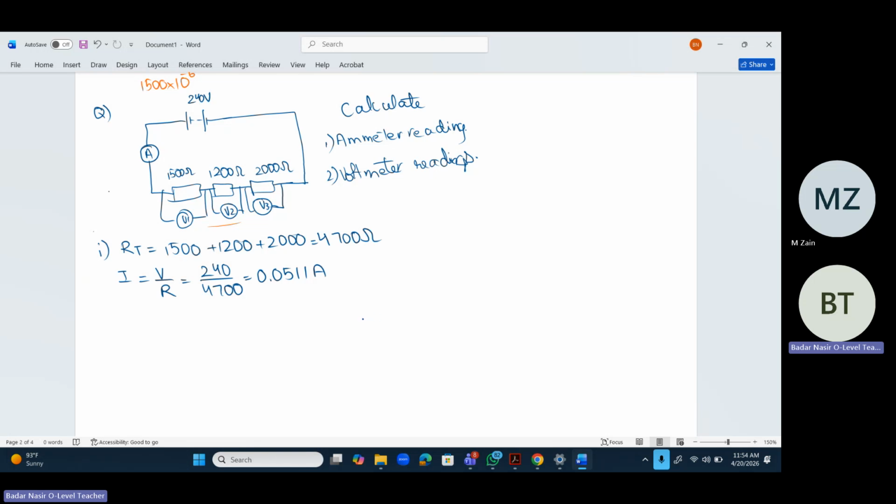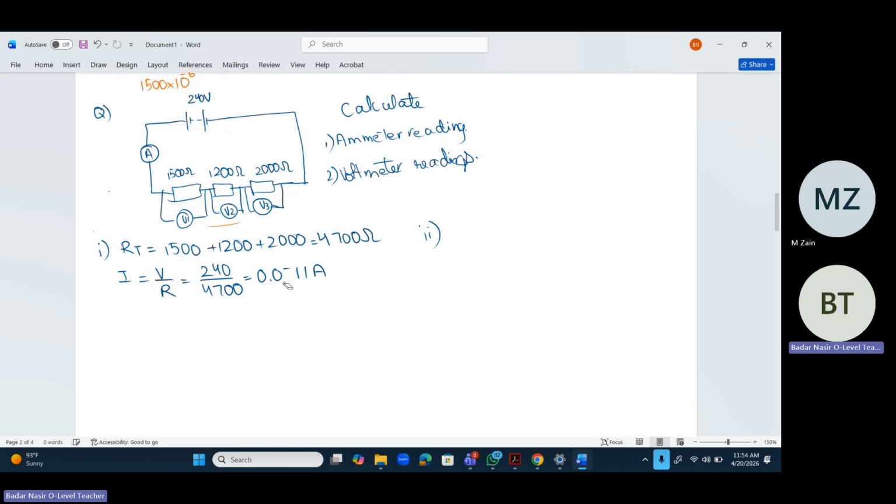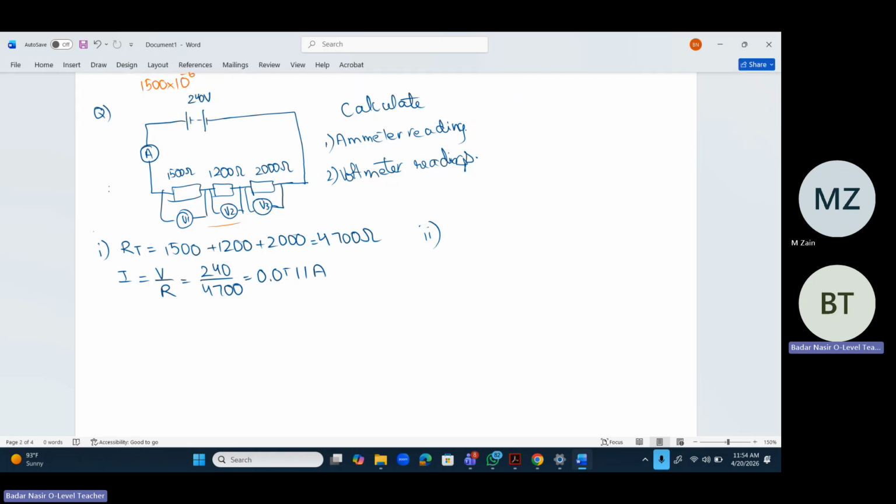In a series circuit, the current stays the same, which means that all three of these resistors get this amount of current. Now, if we want to find out the voltages, V1 is equal to I R1.